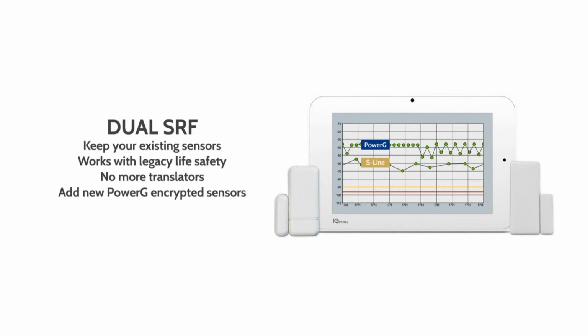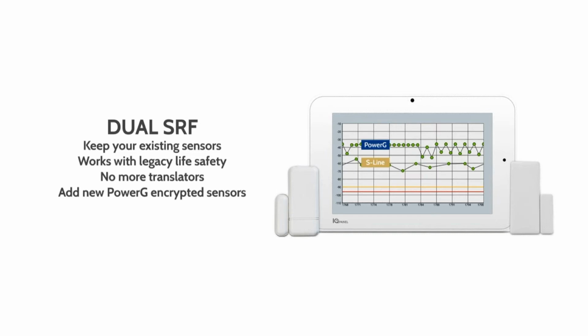Some of you have sensors on the 319.5 frequency, which might be an old Interlogic system, or one of our first generation panels, or even the IQ Panel 2 with the encrypted 319.5. So the goal here is to allow you to keep all those existing sensors if you want, and as you add new devices to the home, they would be PowerG encrypted sensors or S-Line encrypted sensors.